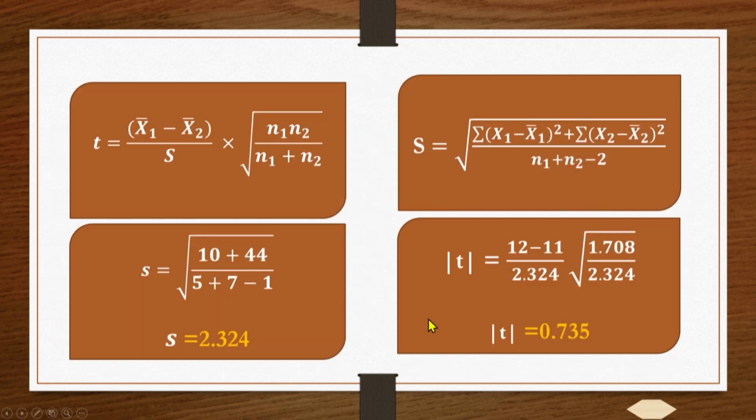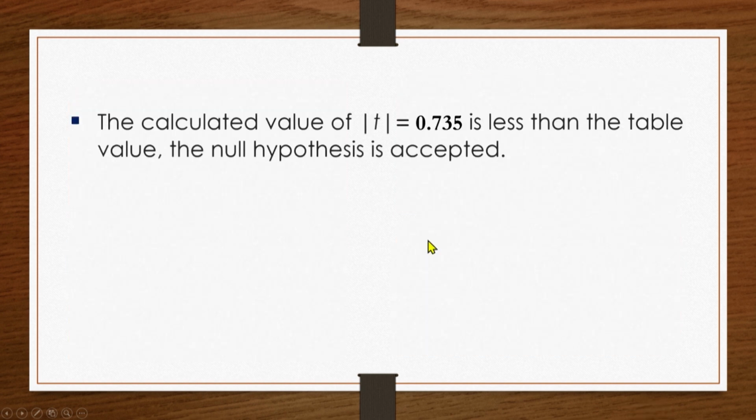Here the formulas are given for the test statistic t and for the standard deviation, with the corresponding values: S is 2.324 and the modulus of t is 0.735. Here the calculated value of modulus t, equal to 0.735, is less than the table value, so the null hypothesis is accepted.